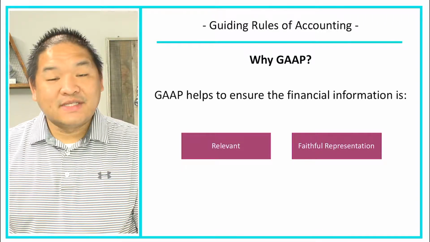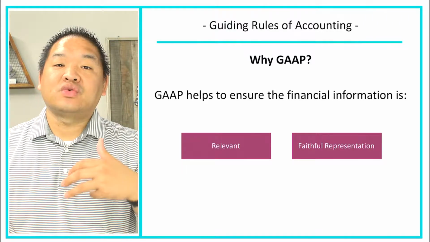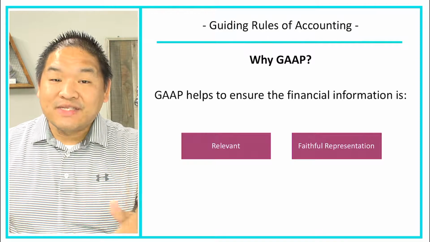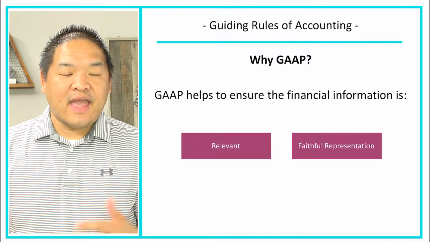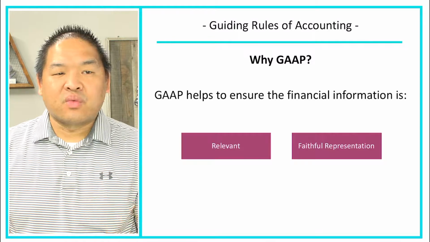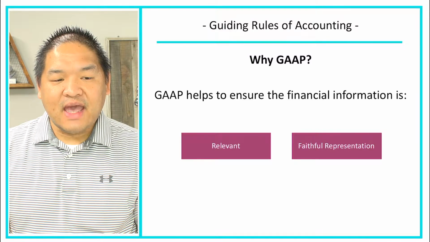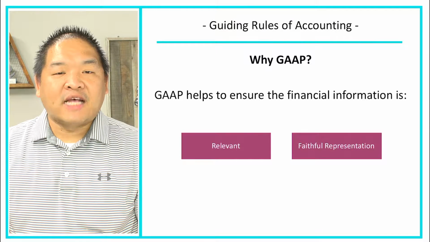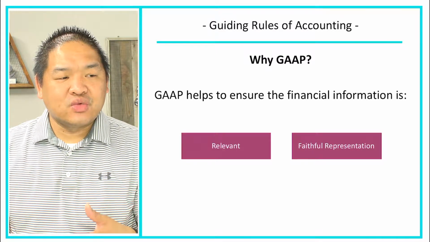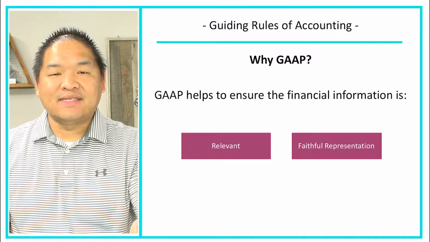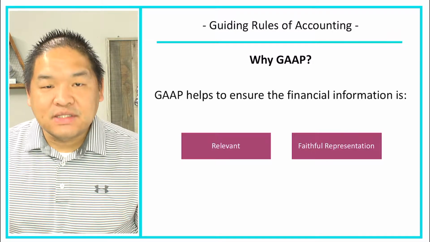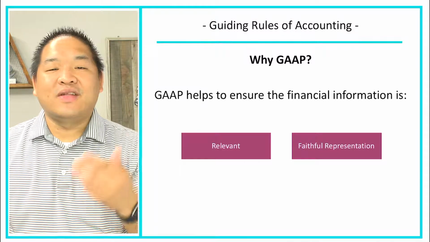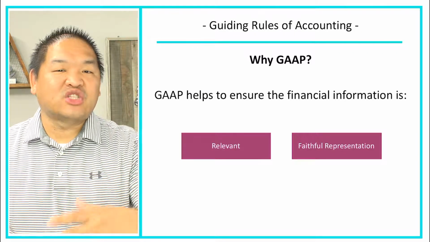Now, faithful representation means that a company actually faithfully represents their numbers as true and honest. There are a lot of rules in GAAP where FASB wants to ensure that the statements actually represent what the company does and don't sugarcoat it or present just an optics number, but that we're calculating it the same way so that it actually makes sense.